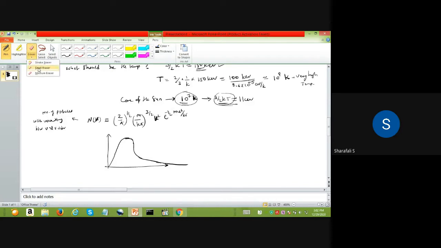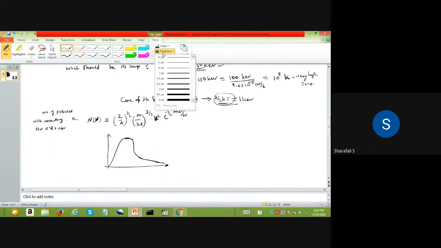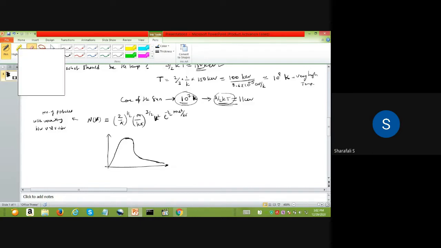It is not going to become zero here, but it will be almost zero. I will redraw this again.